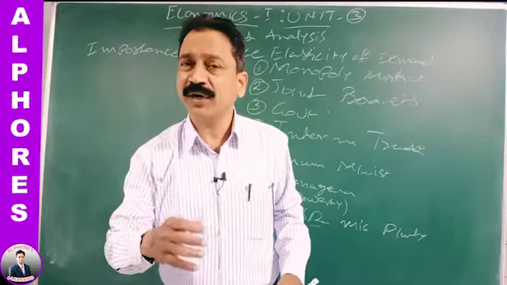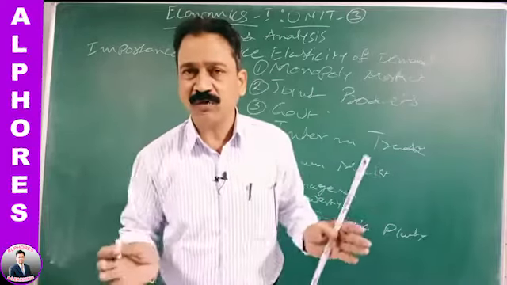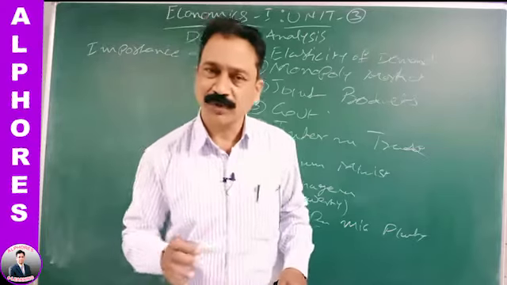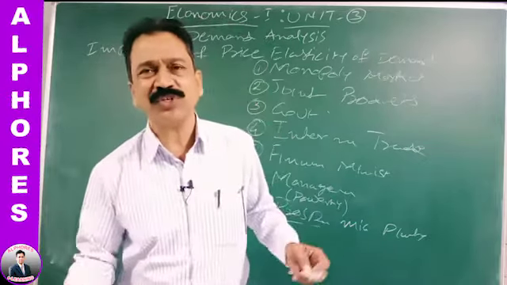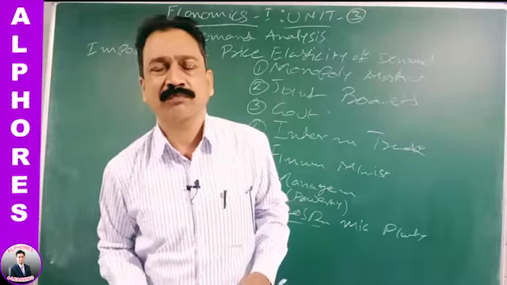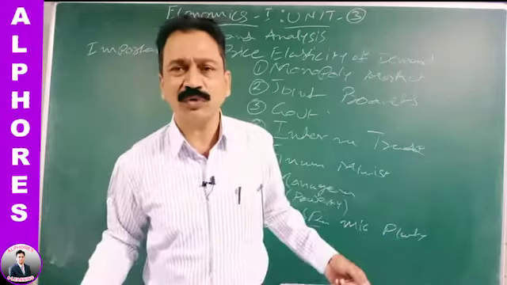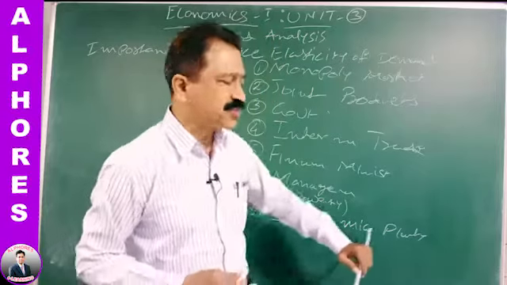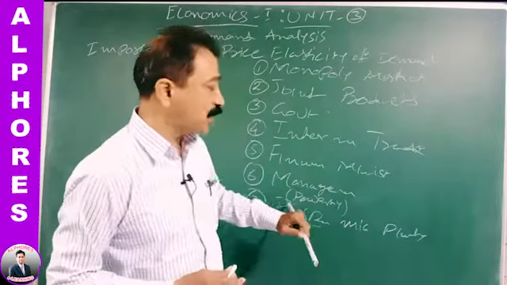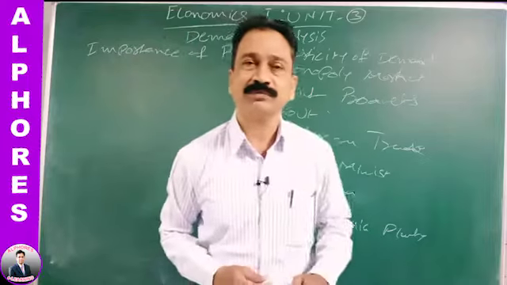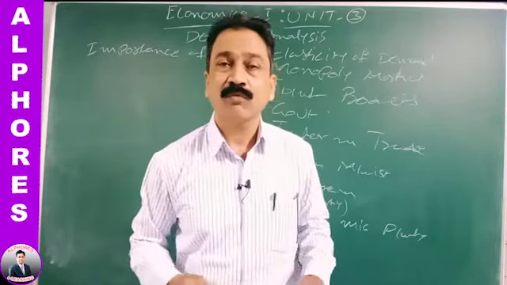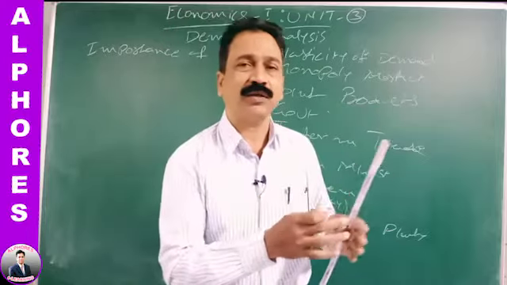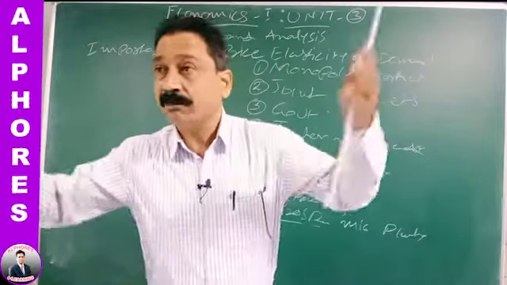So prosperity midst plenty is a common statement. Because you have a lot of things with you, then you are a prosperous person. So there is no paradox in this one. But the paradox is poverty midst plenty. Poverty means not having enough money, midst having plenty.